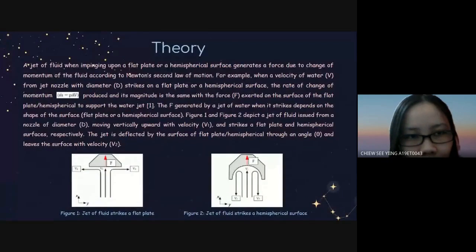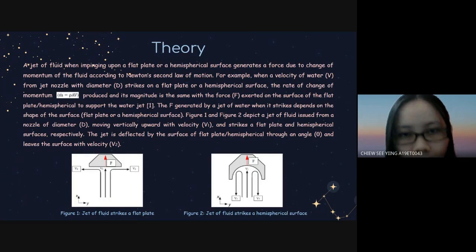A jet of fluid impinging upon a flat plate or a hemispherical surface generates a force due to the change of momentum of the fluid, according to Newton's second law of motion.